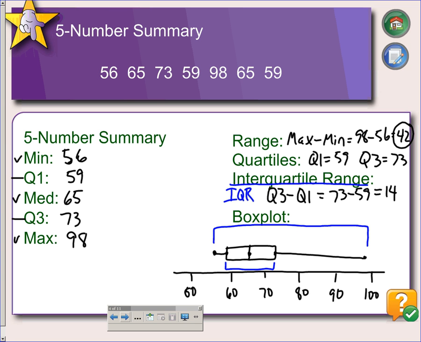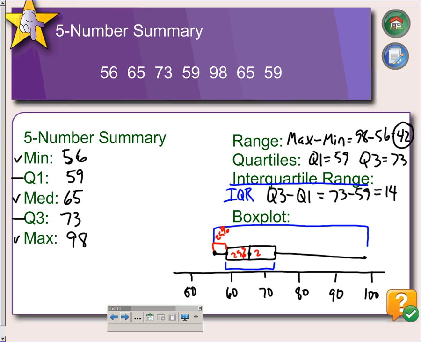The quartiles, like I said before, divide your data set into quartiles, or data sets that represent 25% of the values. So between the minimum and Q1, that's 25% of the data. And then in this left side of the box, that's 25% of the data.